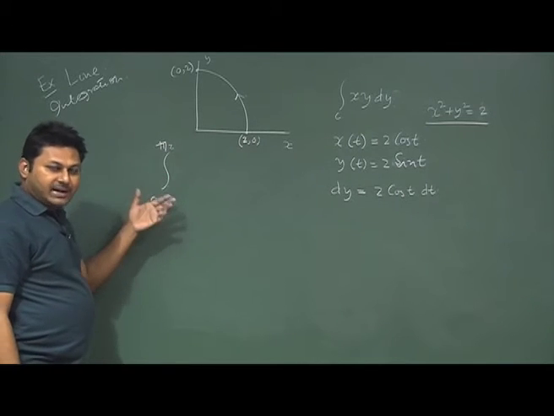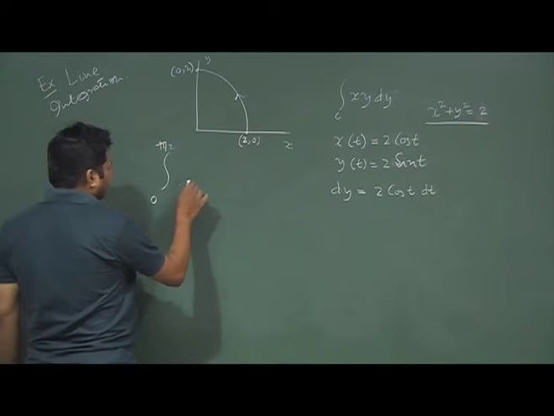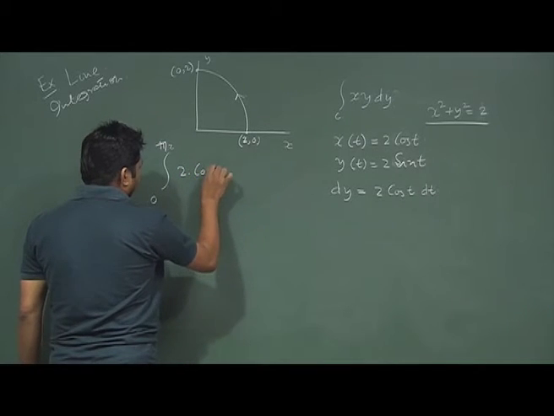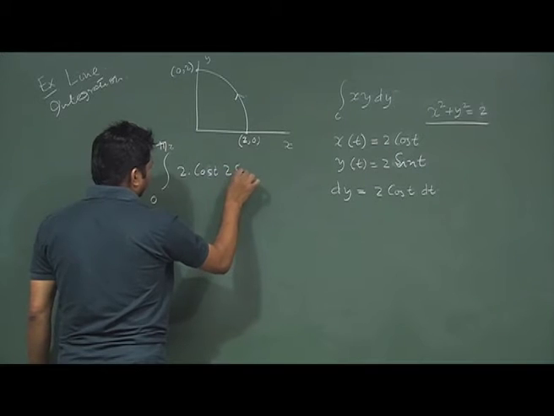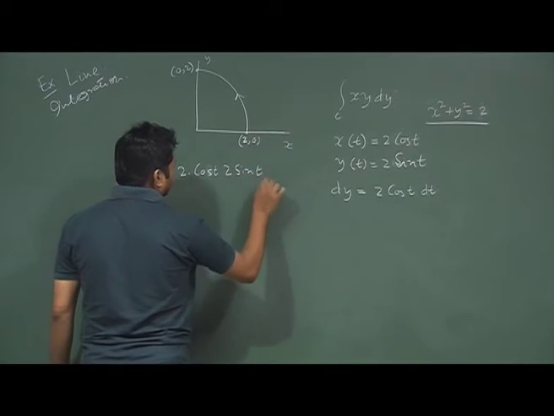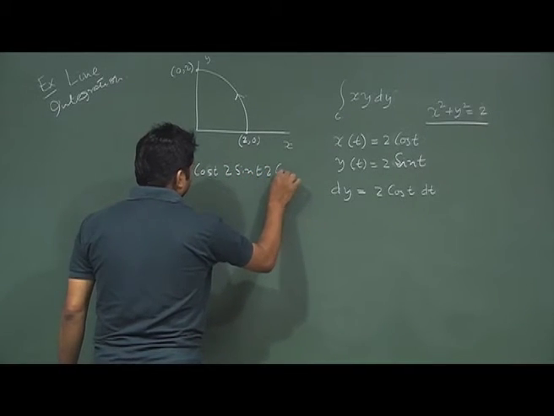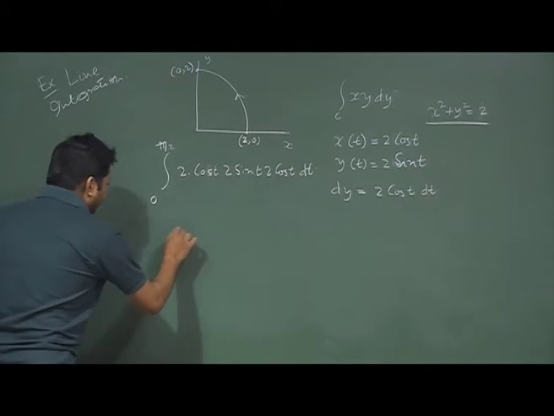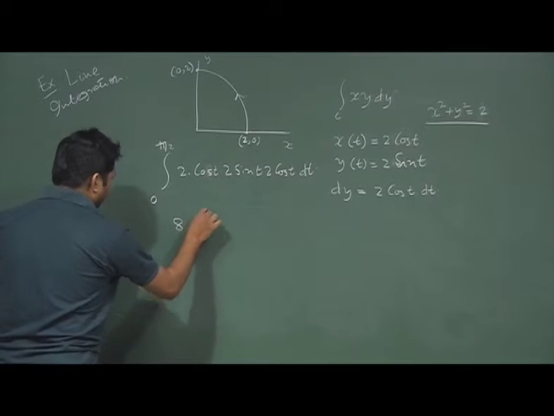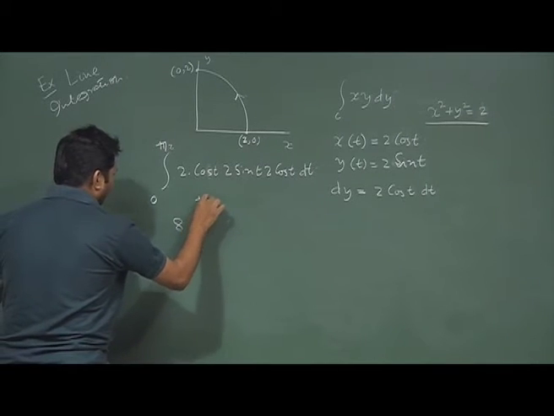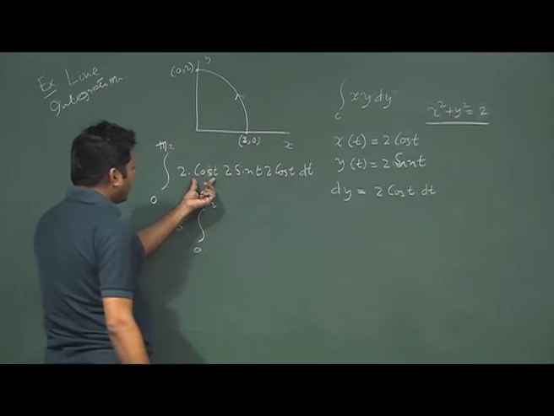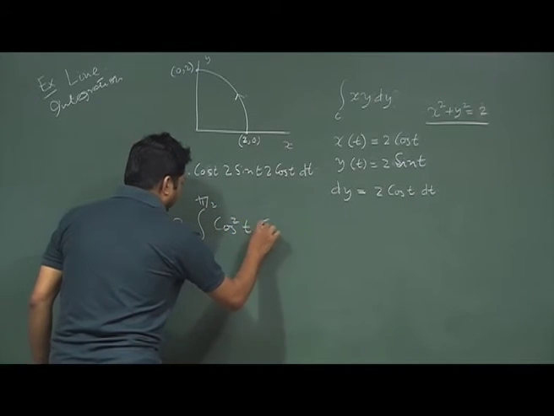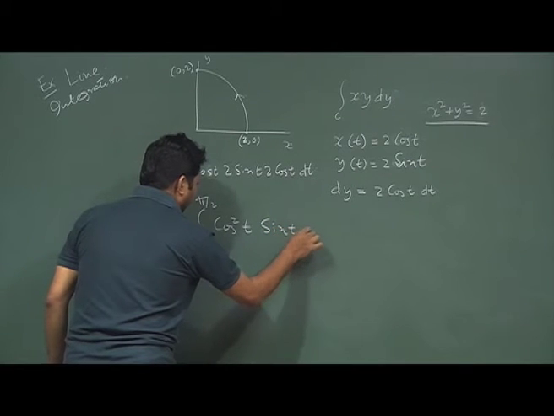If I want to write in the form of t, x y is 2 into cos t, 2 into sin t, and dy is 2 into cos t dt. So there are many 2's here. So 8 times the integration from 0 to pi by 2, I will have cos square t into sin t dt.